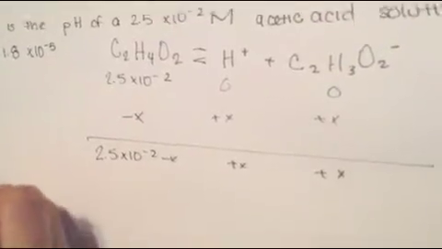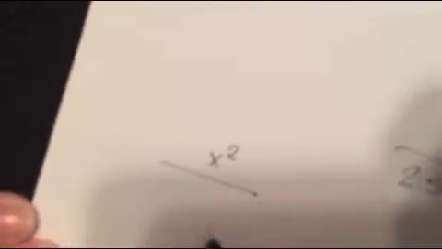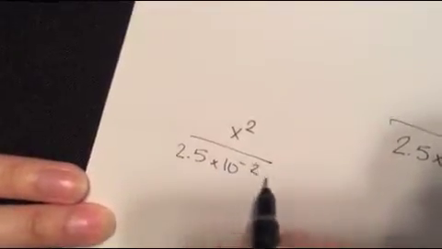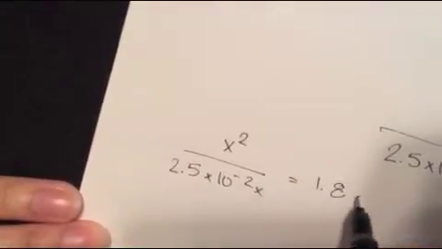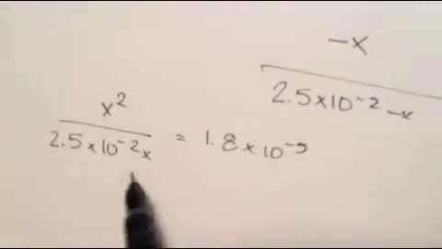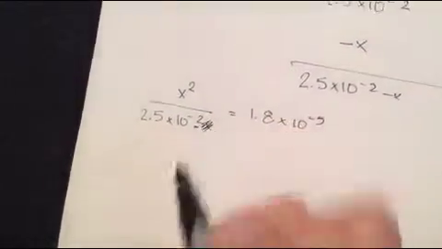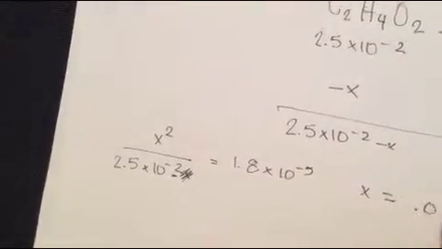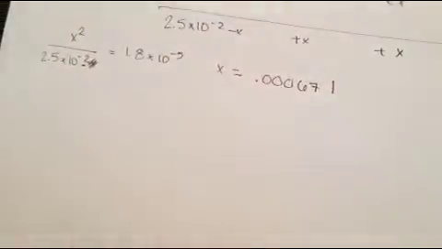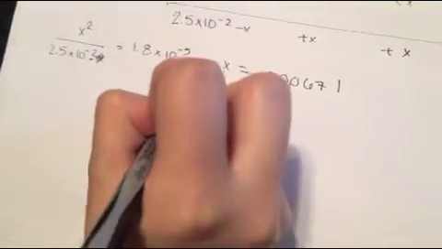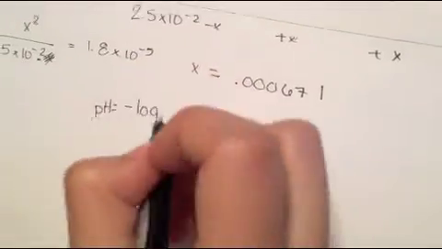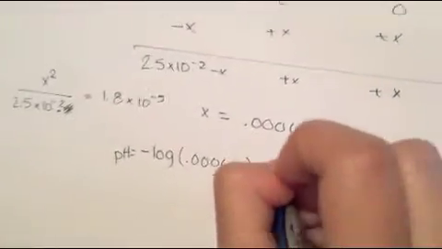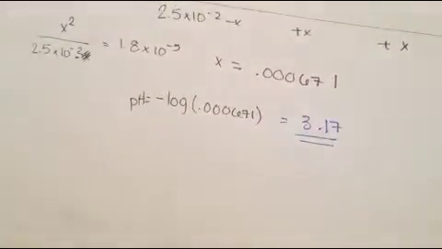And then you plug it into the formula. And since this x is so small, you can go ahead and disregard it. When you solve for x, you get x is equal to 0.00671. And you can go ahead and plug it into the pH formula. And you get a pH of 3.17.